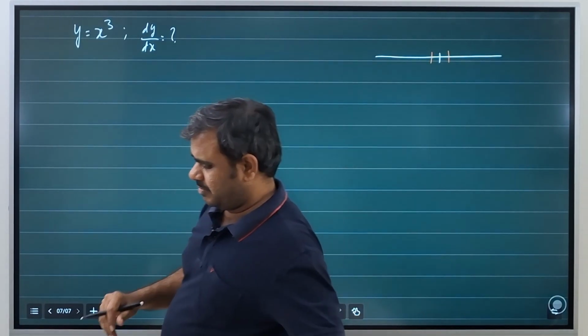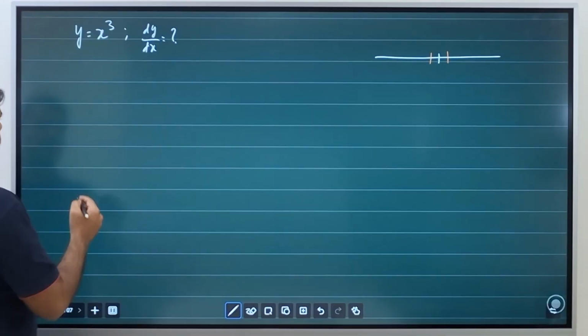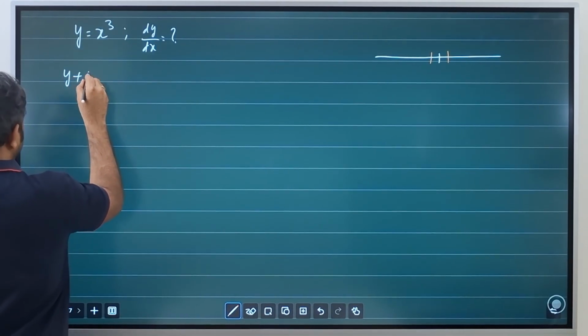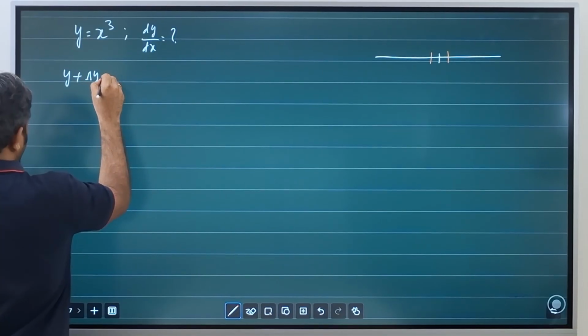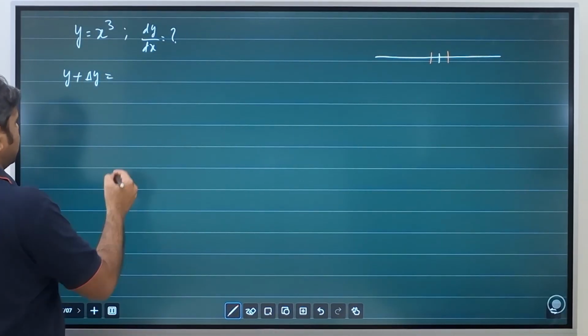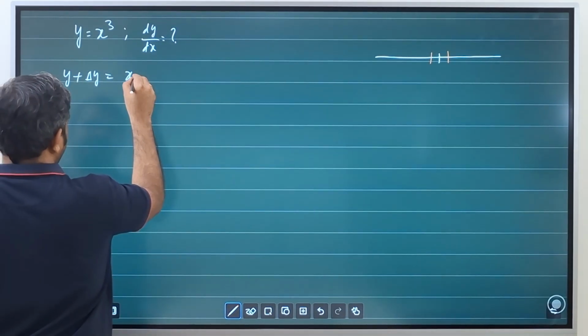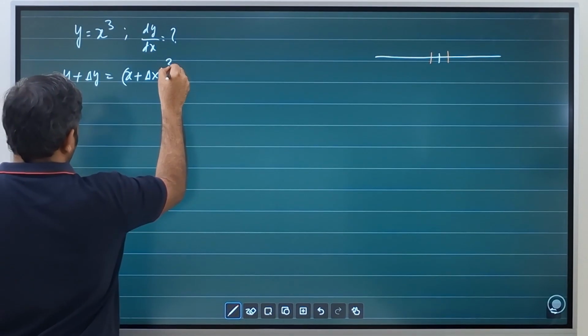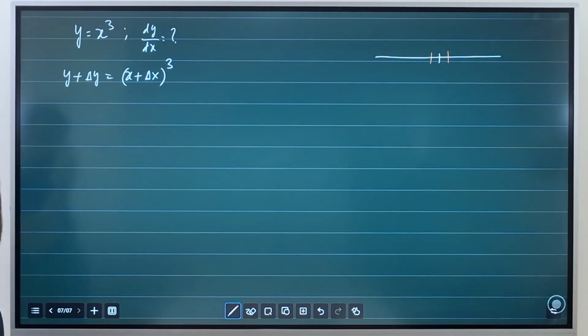Let us take this, for example. y is equal to x cube. If x changes by delta x, let us say, then y changes by delta y. So in that case, y plus delta y is equal to x plus delta x whole cube. Expand this.